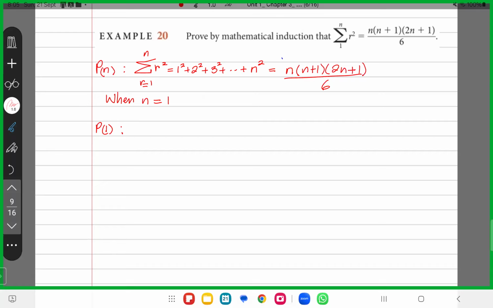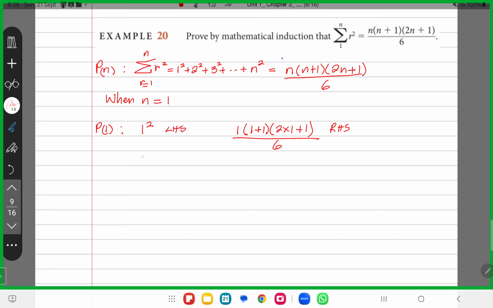Counting number. So that would just be 1 squared. This is the left-hand side. Now, on the right-hand side, we would have what? When n is 1, we have 1 multiplied by 1 plus 1, times 2 times 1 plus 1, all over 6. And this is the right-hand side.